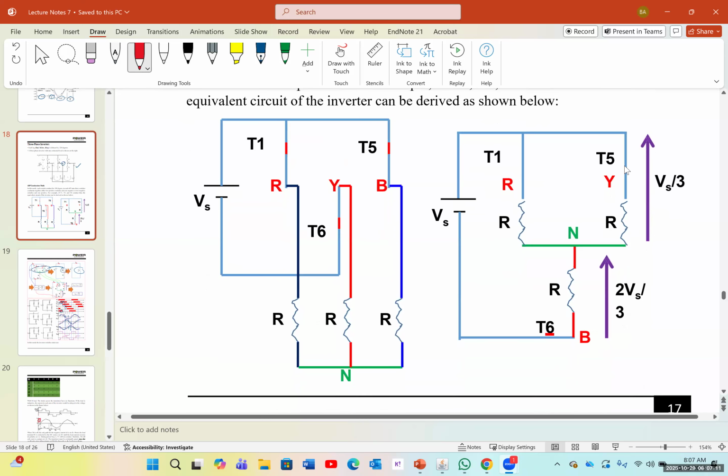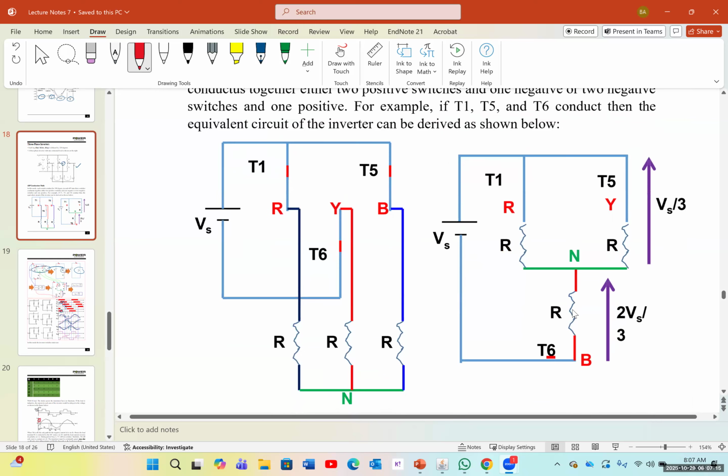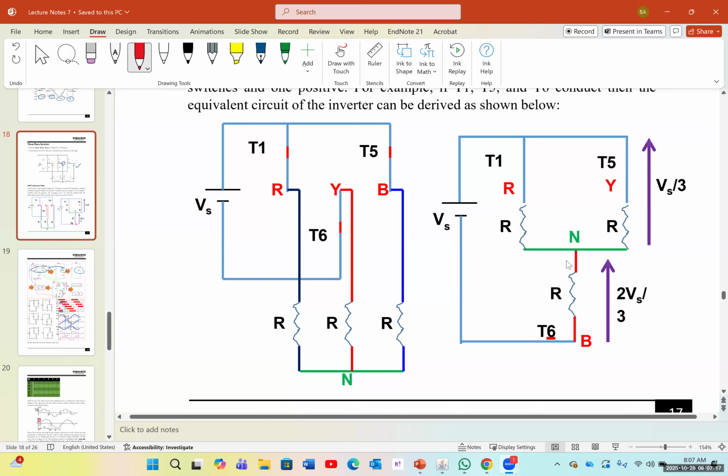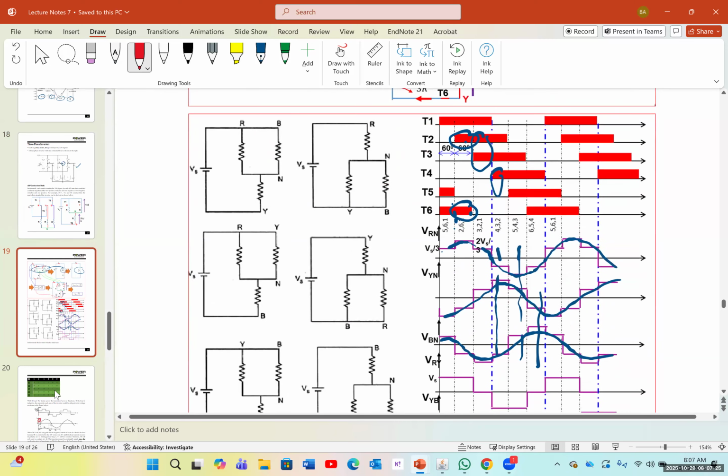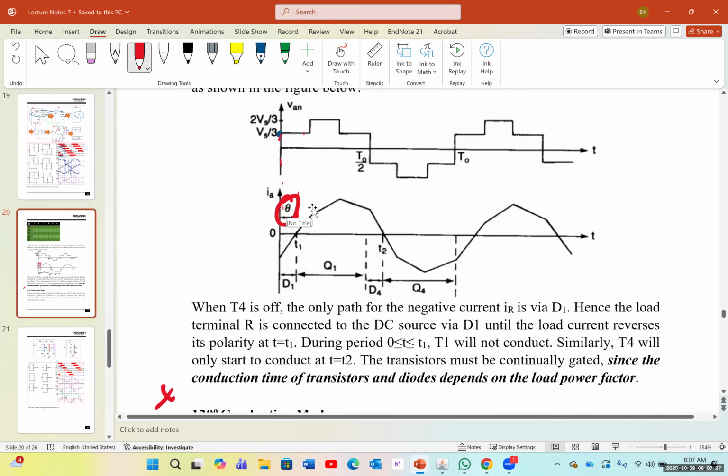In this example, T1, T5, T6 are connected, and we solved it for its output voltage, and we measured the output voltage.